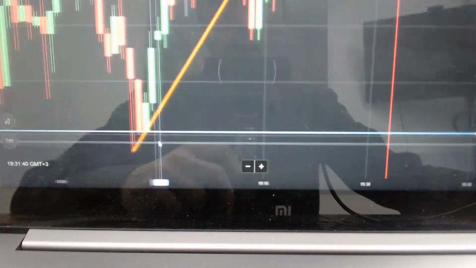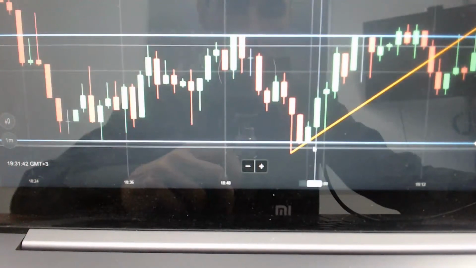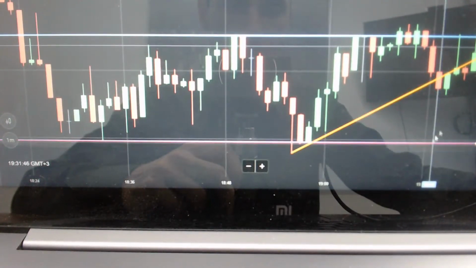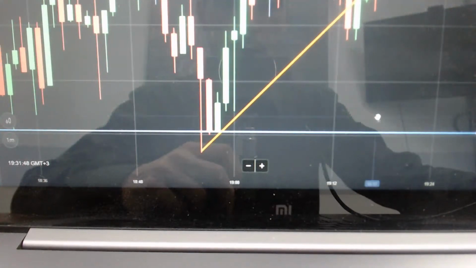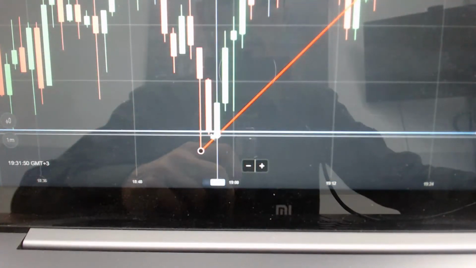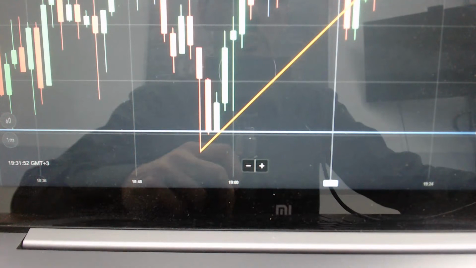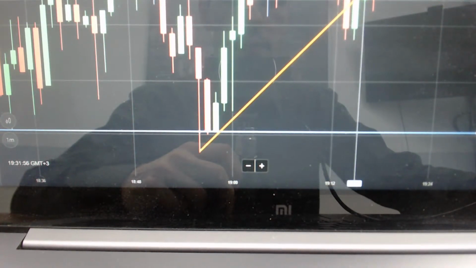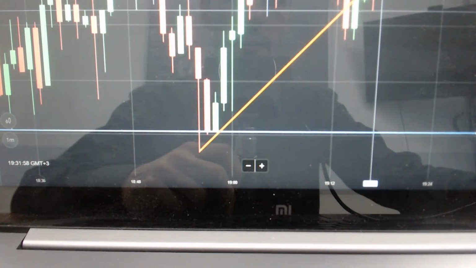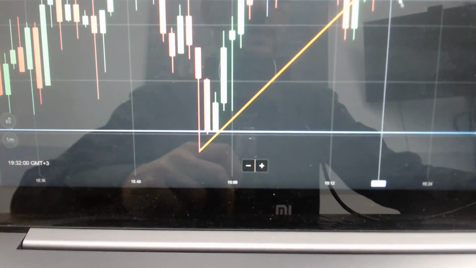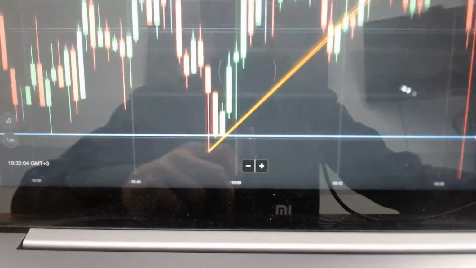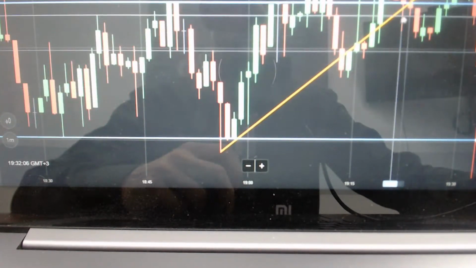If we scale it, we have the minimum here and the minimum here. And this level works. It was working as a support level, then it was broken through, became the resistance level, broken through again, and became just a central line of the price movement. It works until now even.